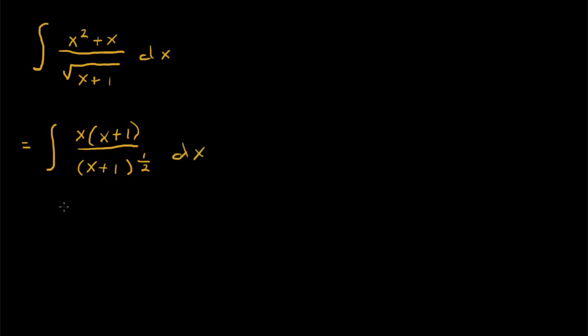And now if you take a look, you might be thinking, hey, we could simplify this even more, because we've got x plus 1 to the first power in the numerator and x plus 1 to the 1/2 in the denominator. We could do that division, and all we have to do is subtract exponents, and we end up with x times x plus 1 to the 1/2 power dx.